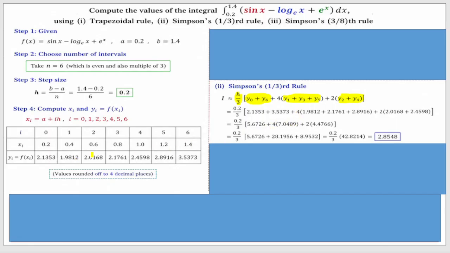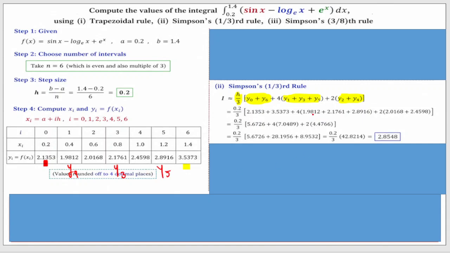So here this is your first and last, which is a part of capital X. Next are the odd ordinates, which means y1, y3, and y5.